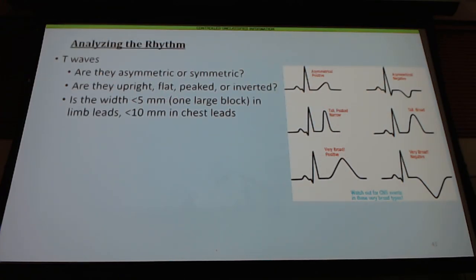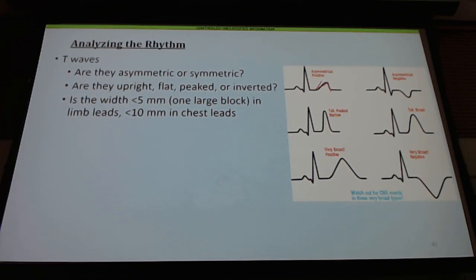Other things you're going to look at: is my T wave asymmetric or symmetric? An example of this is, look at how it is going up. It's kind of a slow, gradual process, right? But then, when it goes down, it's abrupt. So that's asymmetric in appearance.